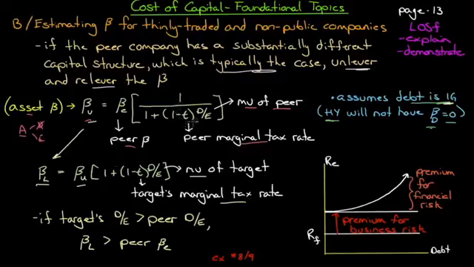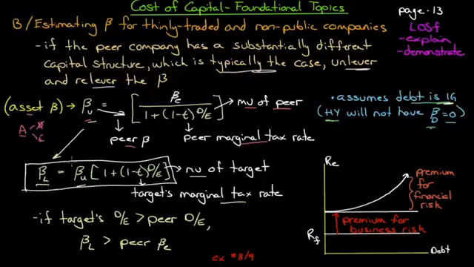Since this is 1 over, we can just erase this beta here, erase this, and we could say that it's the same as beta equity over that. Now, if you cross multiply the denominator, you will get this, with BL standing in for BE. And this levered beta is the equity beta of the target.